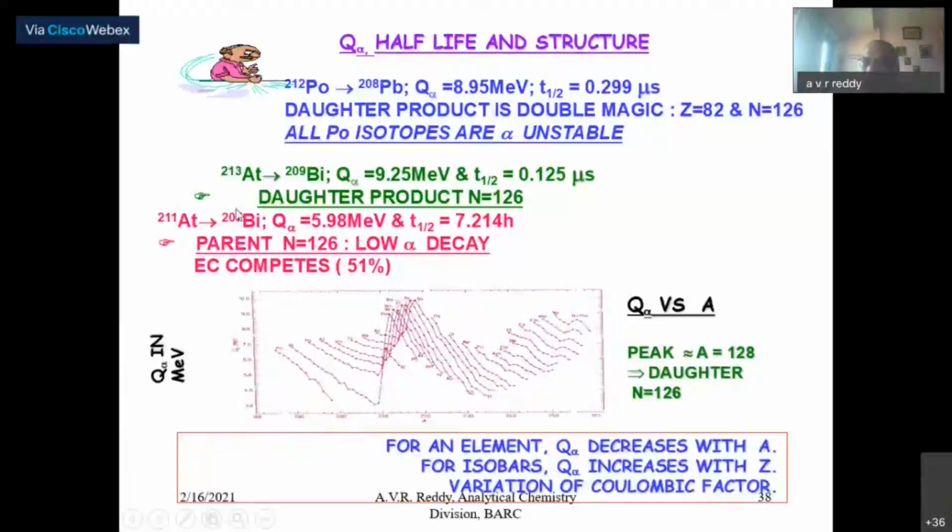Because both neutron number and proton number do not belong to magic configuration. Over and above, number of protons are same. Therefore, they are comparatively stable towards alpha decay in comparison to astatine-213. These are the finer points one has to understand.